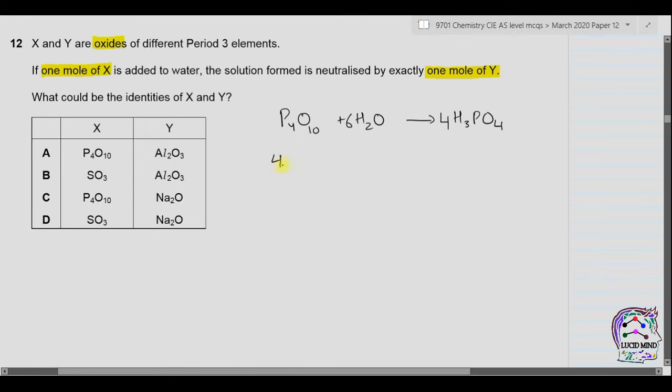For H3PO4 plus aluminum oxide, it forms aluminum phosphate along with H2O. Now balancing this chemical equation, we have 4 moles of H3PO4.